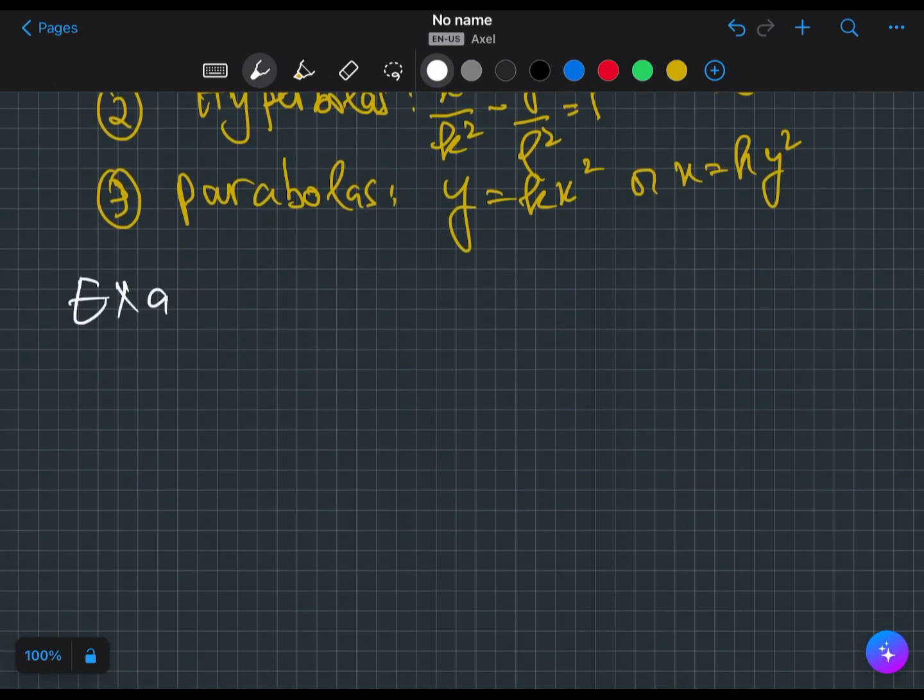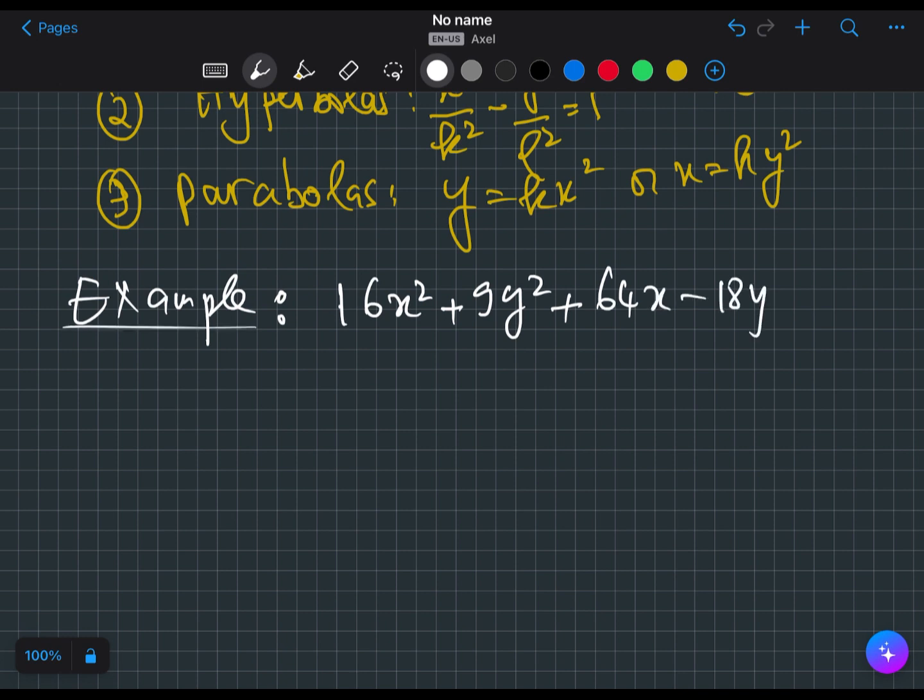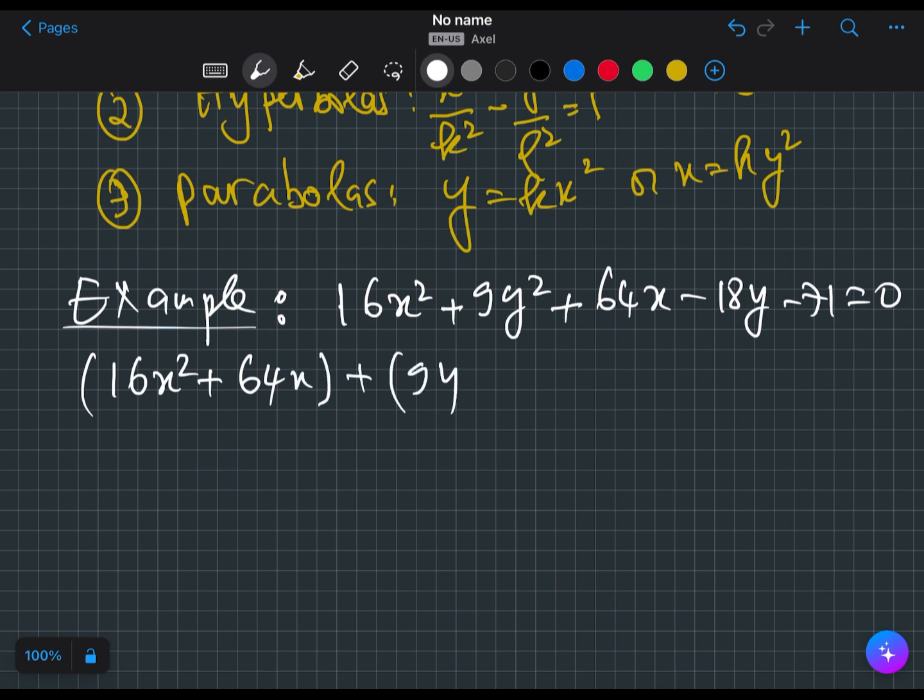For example, if we have the quadratic equation 16x squared plus 9y squared plus 64x minus 18y minus 71 equals 0, the question is to plot or determine this surface. Having this, we have to complete the square. So we have 16x squared plus 64x plus 9y squared minus 18y equals 71.